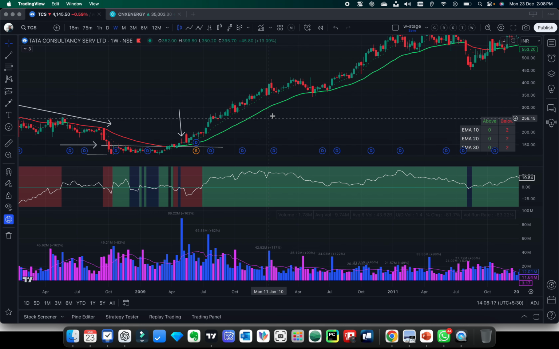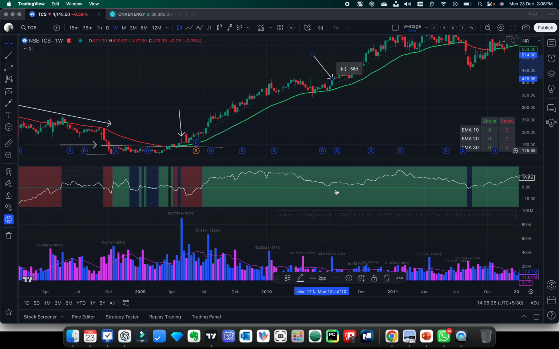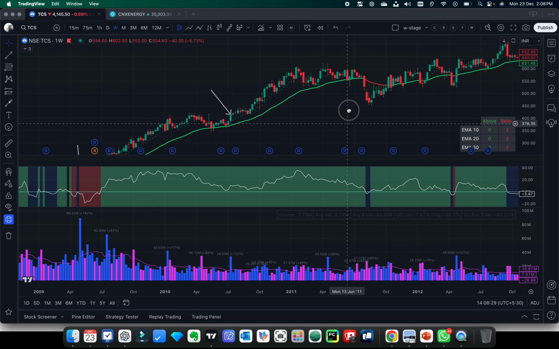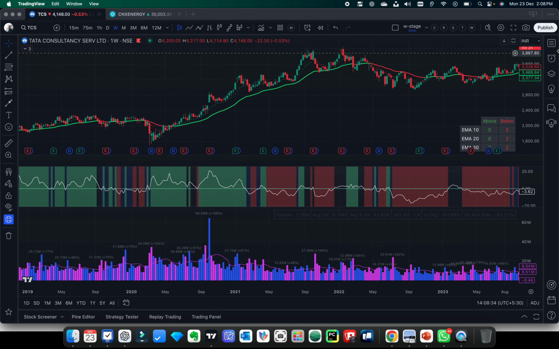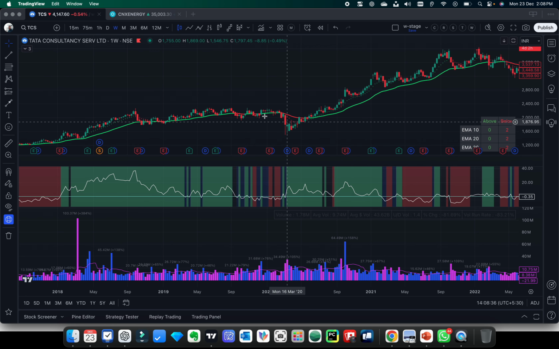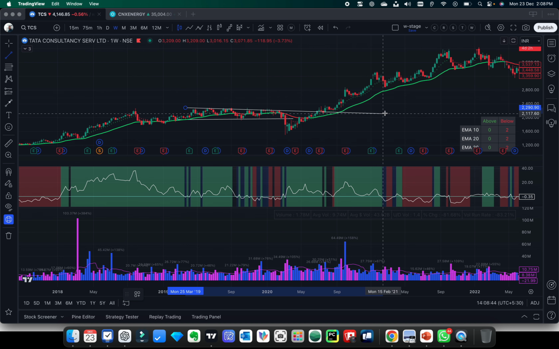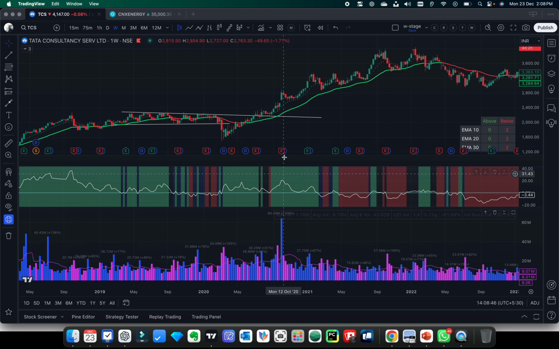Whenever there is a breakout, there is high volume. Now you see this is the breakout candle, so the corresponding volume is high. Here also you can see this is consolidation, and then there is a breakout.